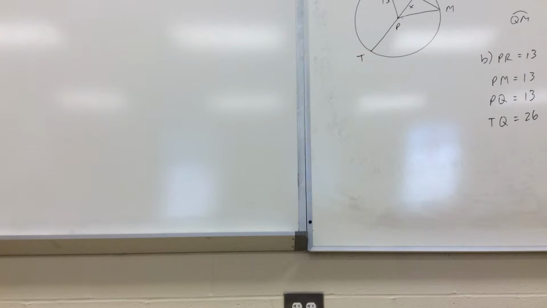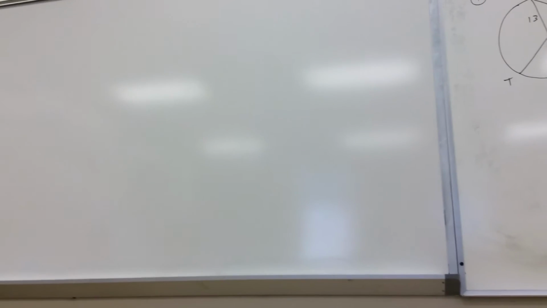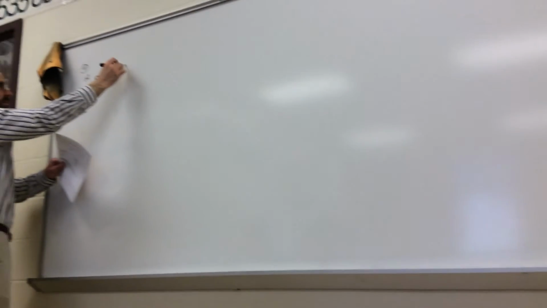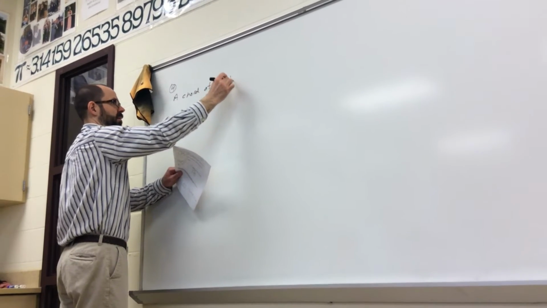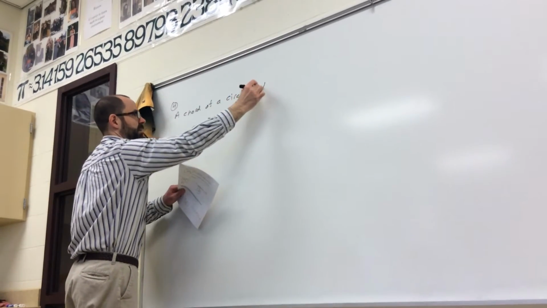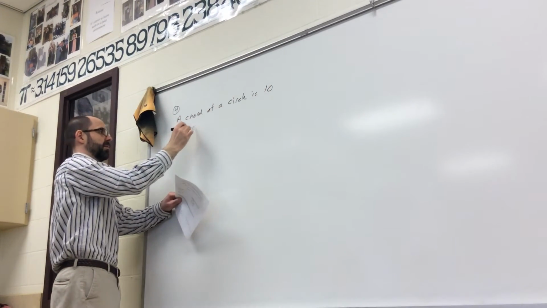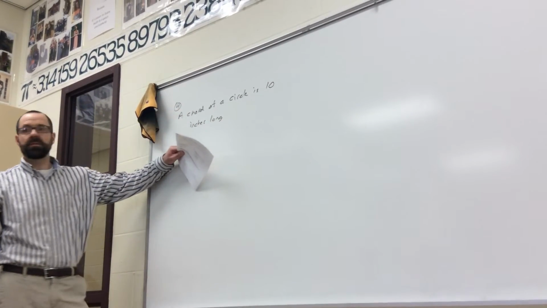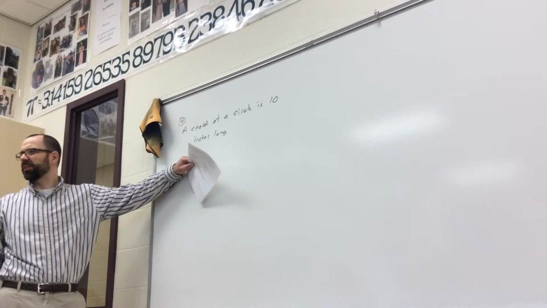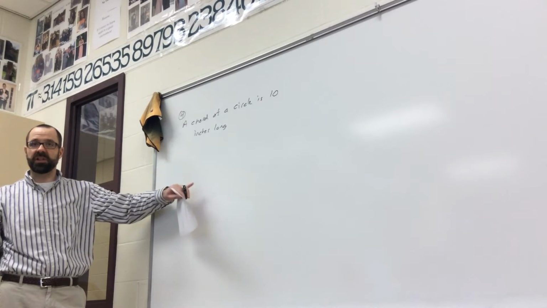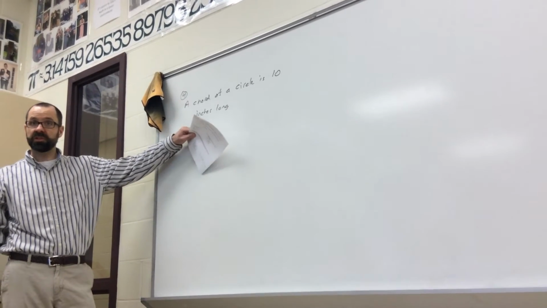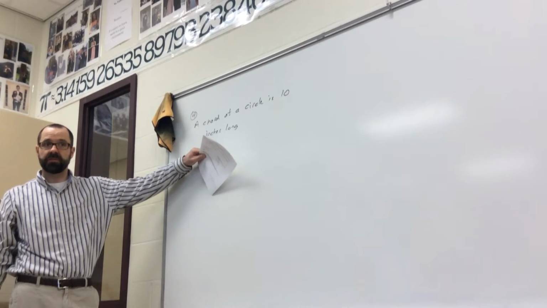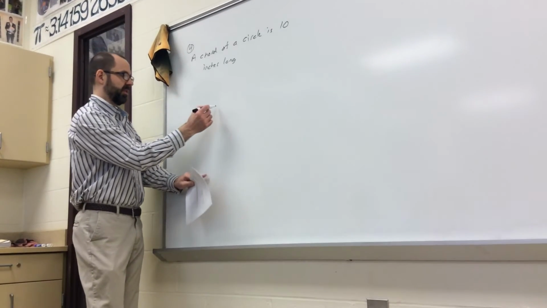So it starts out, a chord of a circle is 10 inches long. So don't have to write this sentence down, but you should draw a picture. A chord of a circle is 10 inches long. So go ahead and draw a circle.